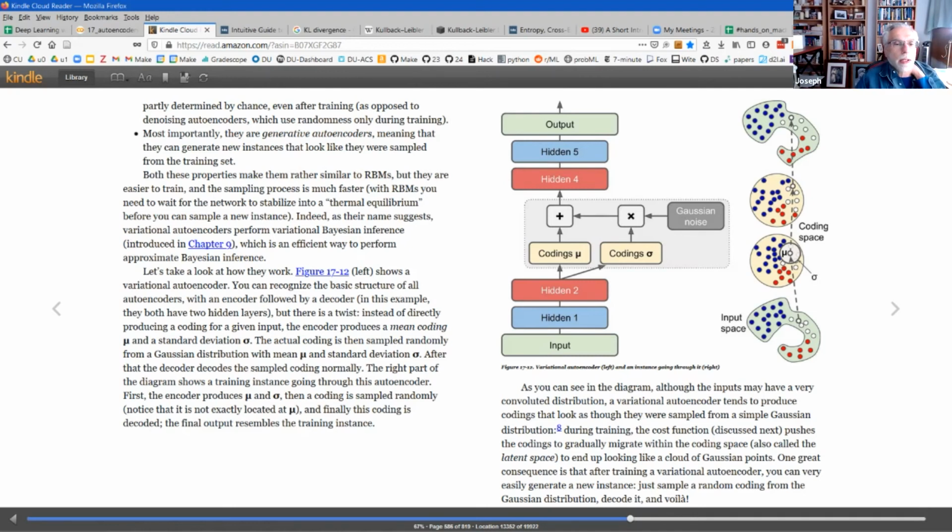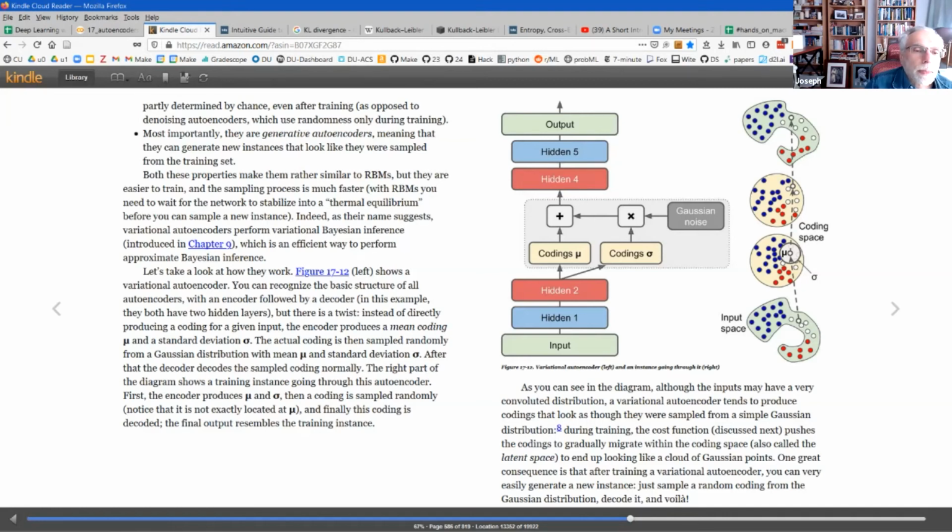So this is the schematic of what it looks like. The encoder and the decoder look the same, except there's this layer in between where you have a mean and a standard deviation that you've learned from your data, and then you add Gaussian noise.